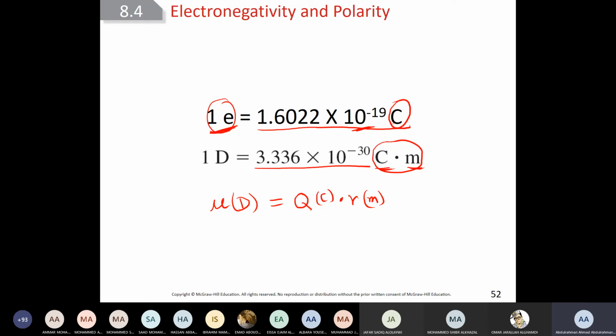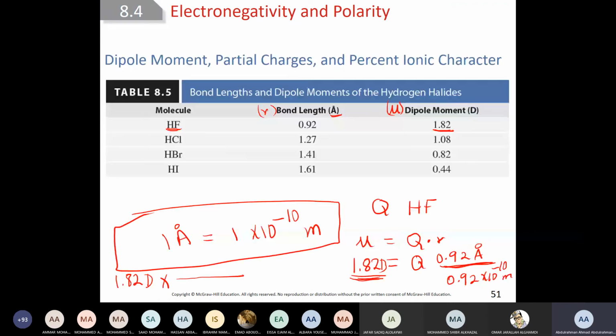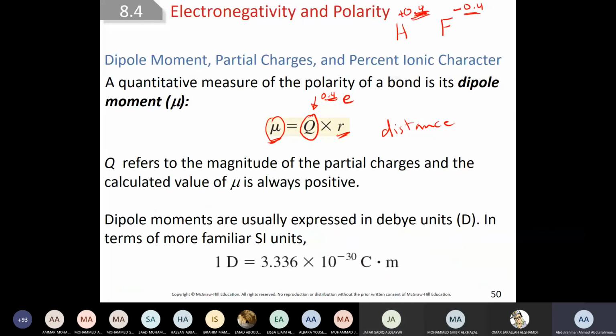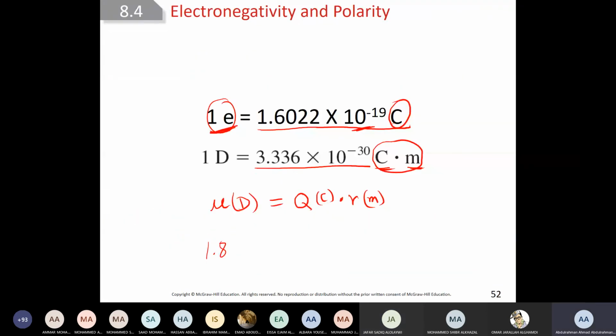Copy this number: 3.336 times 10 to the power minus 30 Coulomb meter. So 1.82 debye, change it to Coulomb meter, multiply by 3.336 times 10 to the power minus 30 Coulomb meter, and divide by the distance.